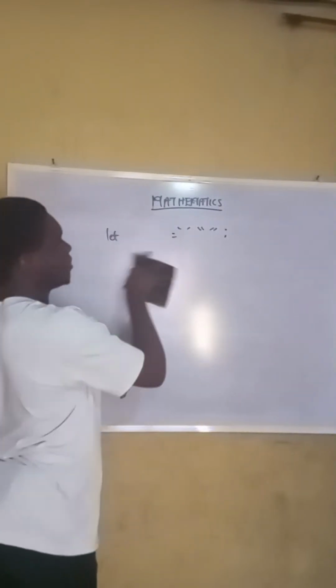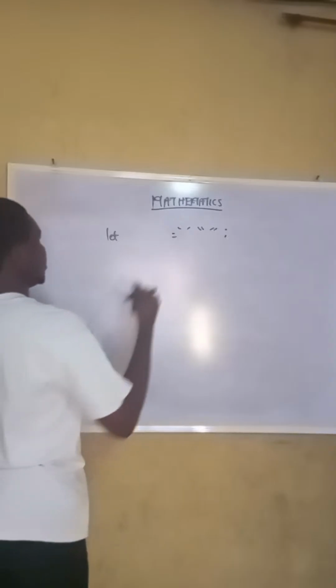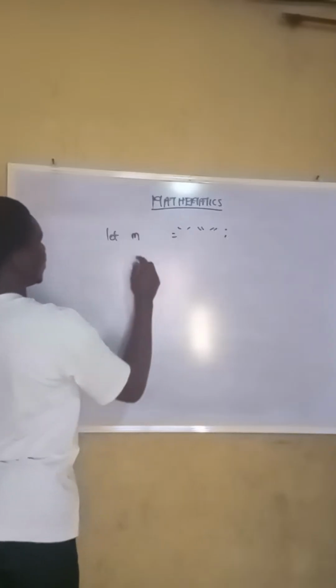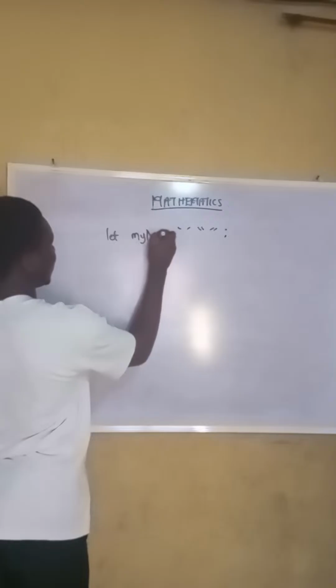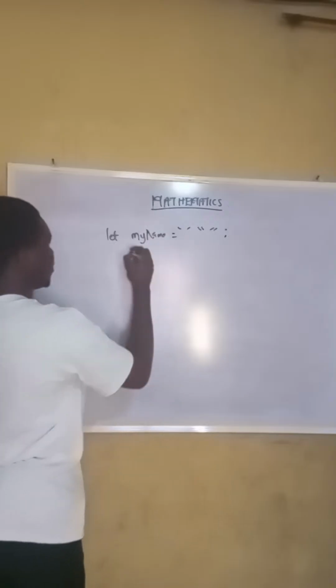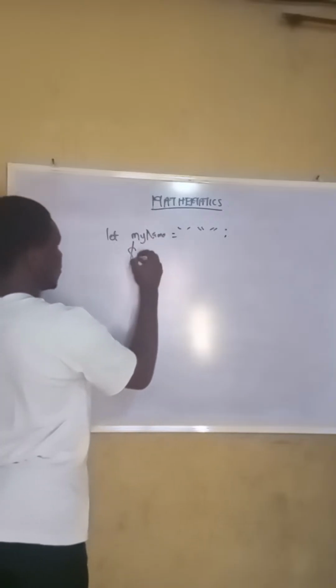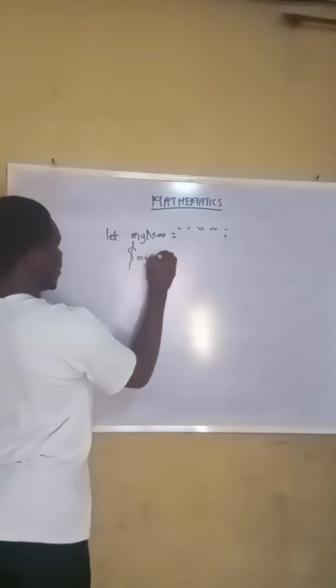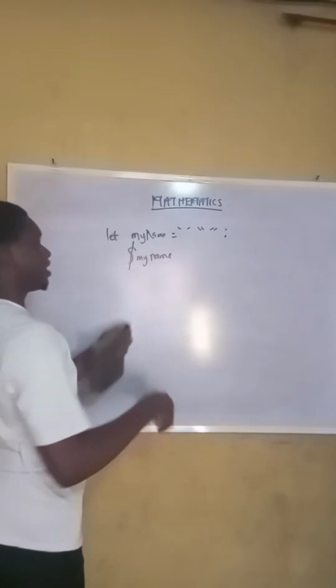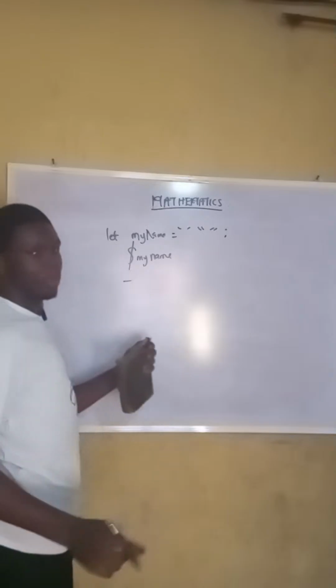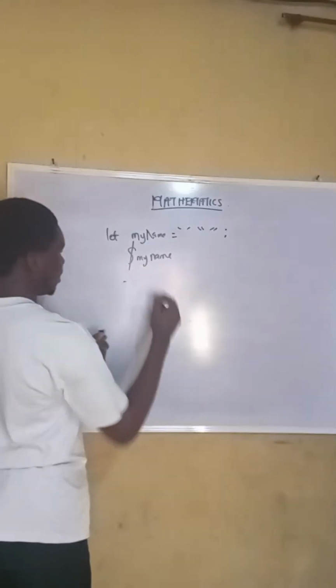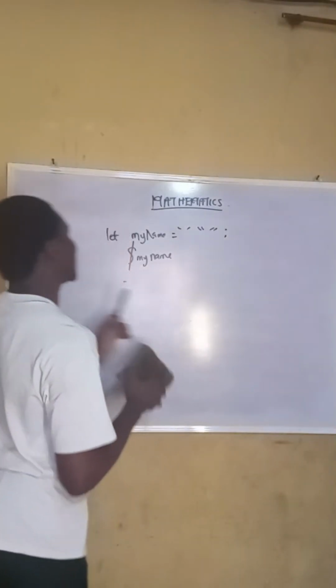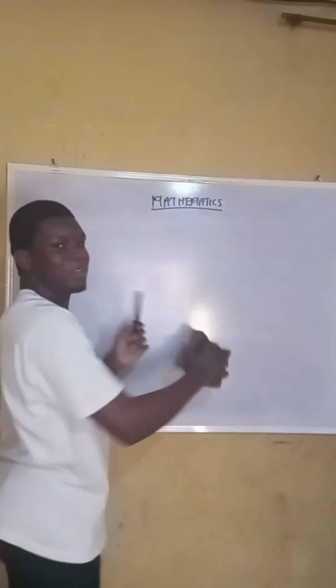You cannot start with a capital letter. You can start with a small letter, like this, myName. You can start with the dollar sign, $myName, and you can also start with an underscore. That's how you name a variable.